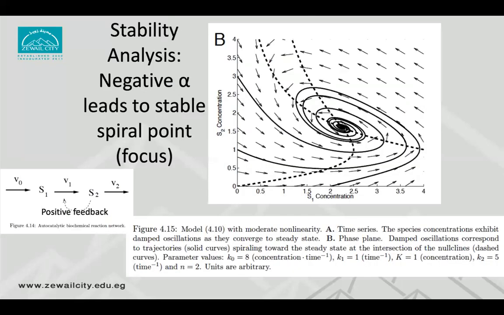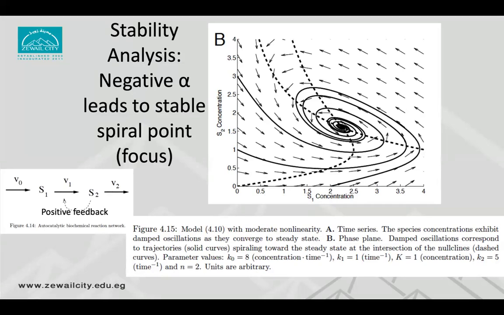So let's look at some of the phase coordinates. Here's a system which involves positive feedback. It's very simple, just three reactions, and all three reactions are irreversible. But because of the positive feedback, if you start to increase the amount of S2, then that will cause you to produce even more S2.